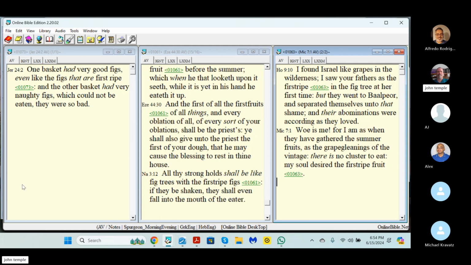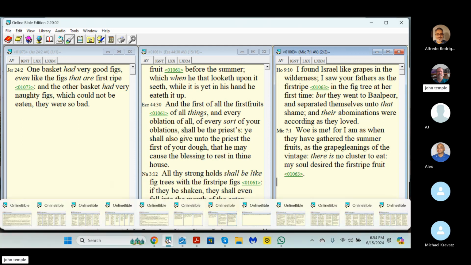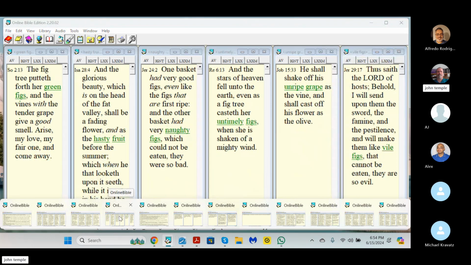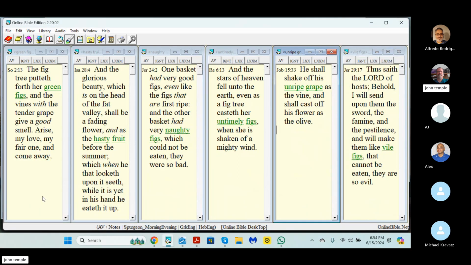Okay. And in Jeremiah, I should have these pages up here. Jeremiah 24:2. Here we go. Let me go to this page here. And in Song of Solomon 2:13, I'm getting a little ahead of myself, but this page has a few verses on it that I liked when I was looking this up.